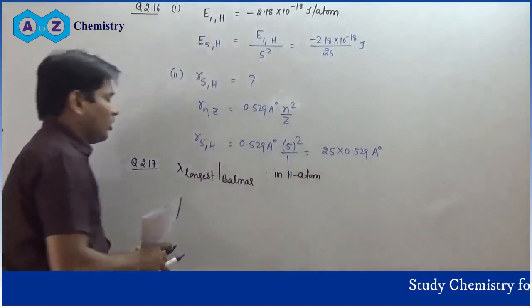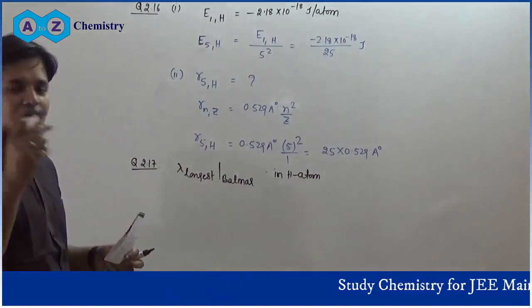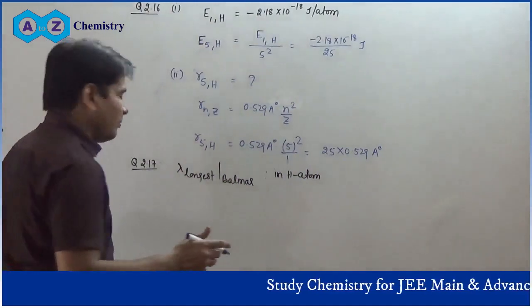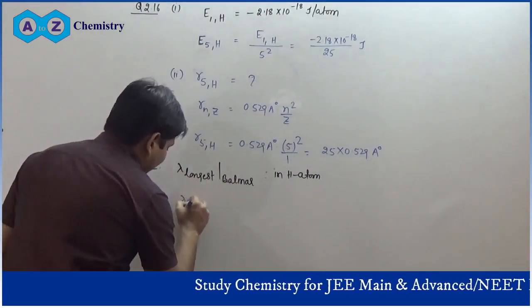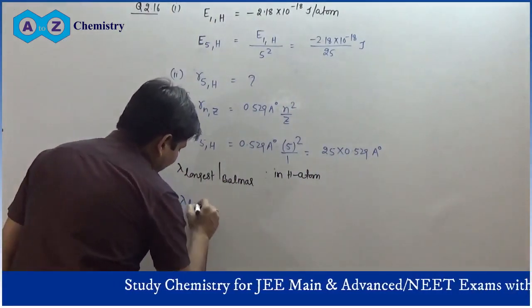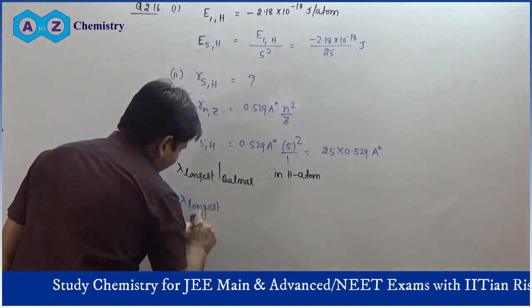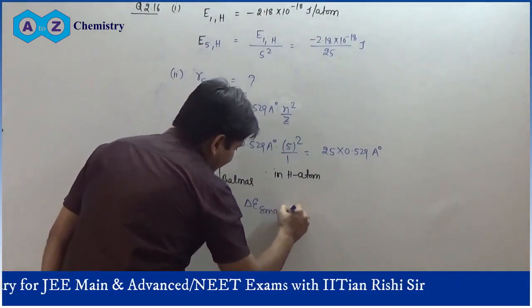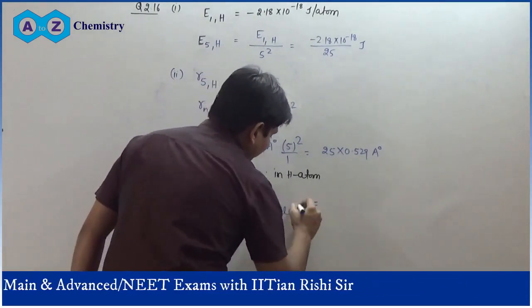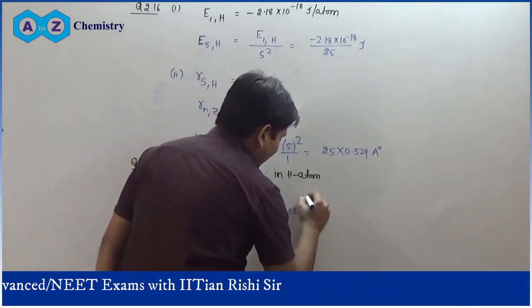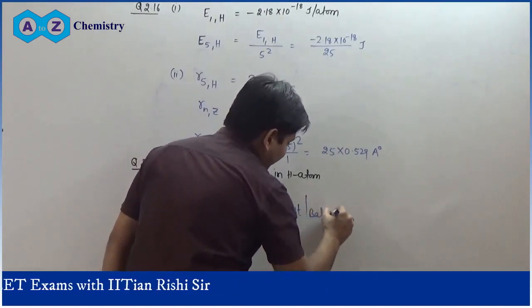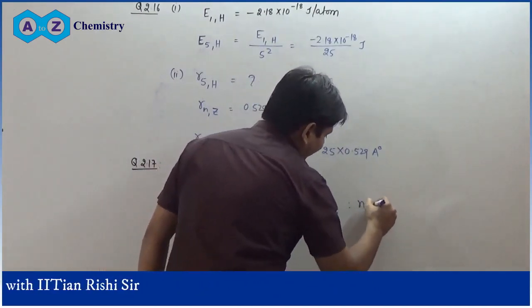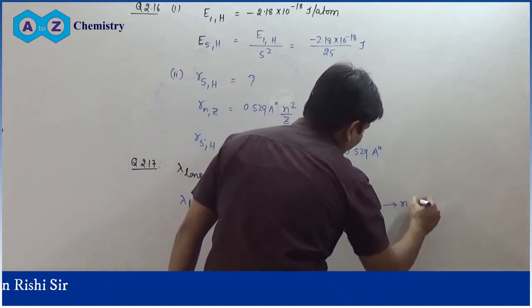For longest wavelength we have to consider the minimum energy difference, that is the smallest delta E. For the Balmer series, the transition is occurring from n equal to 3 to n equal to 2.